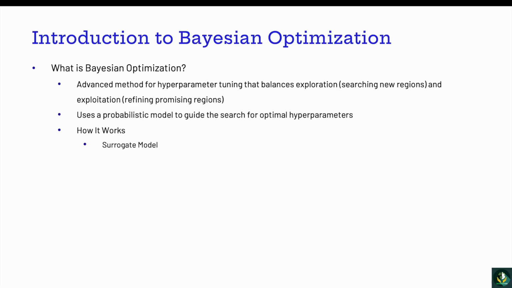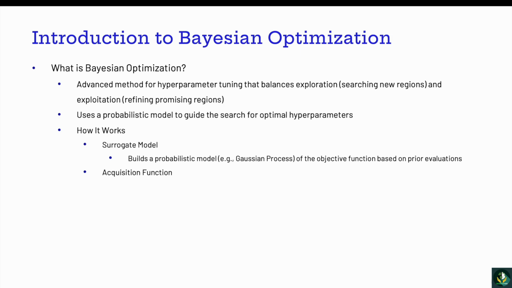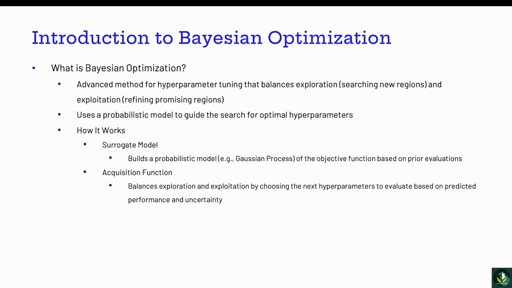Now, how does it work? We have a surrogate model, which builds a probabilistic model, for example a Gaussian process, of the objective function based on prior evaluations. Acquisition function: it balances exploration and exploitation by choosing the next hyperparameters to evaluate based on predicted performance and uncertainty.